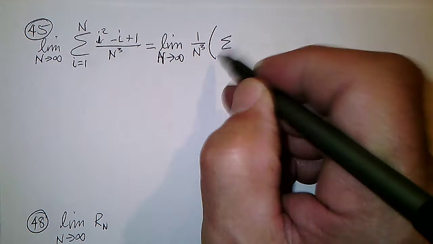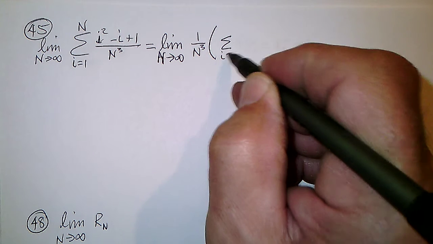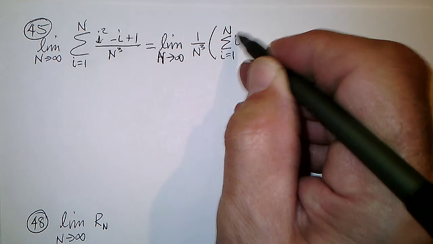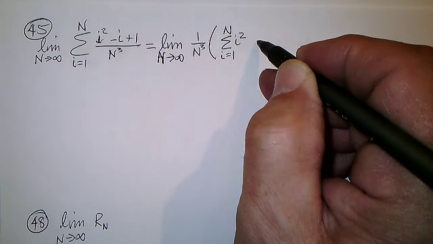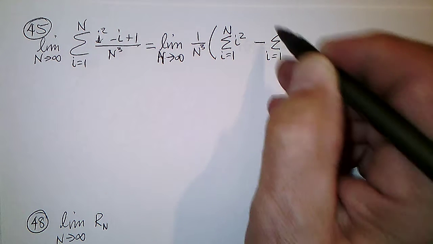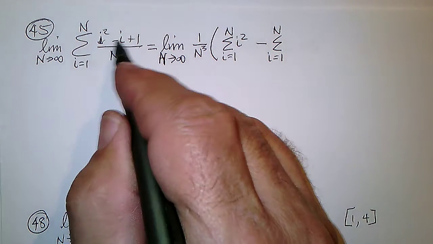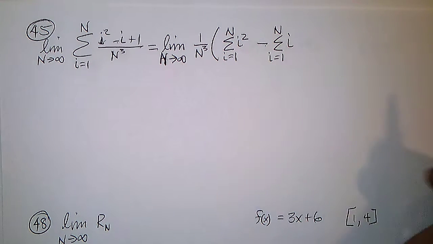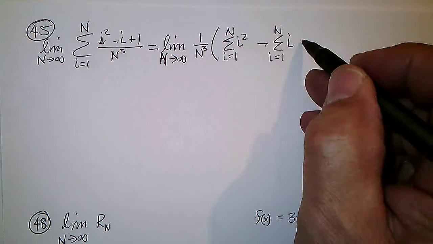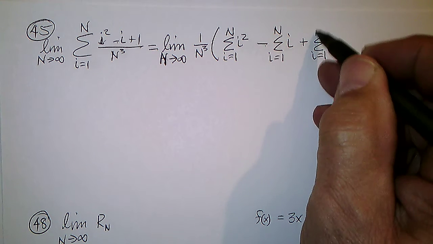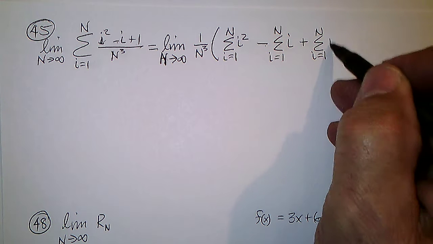The sum as i goes from 1 to n of i squared minus the sum as i goes from 1 to n of i, and I've got the minus here, and then plus the sum as i goes from 1 to n of 1.